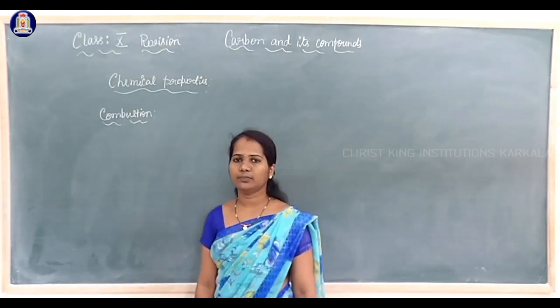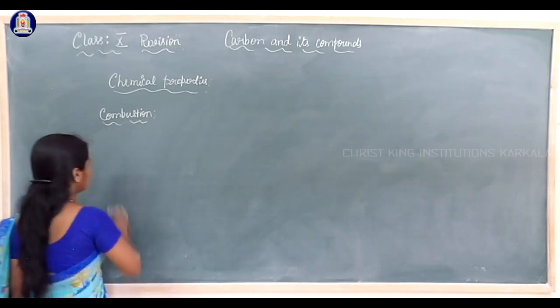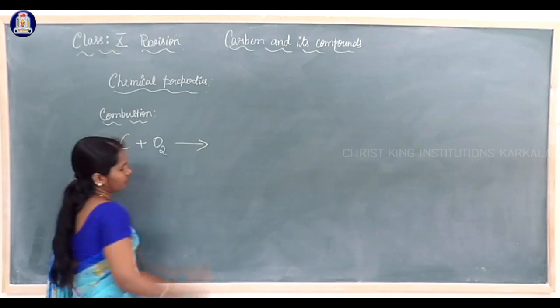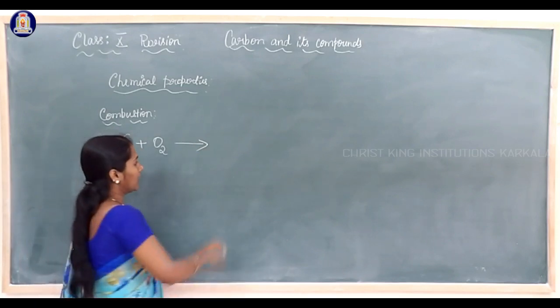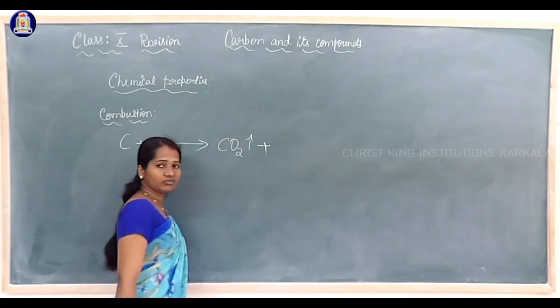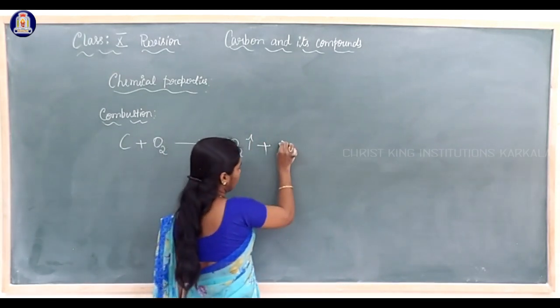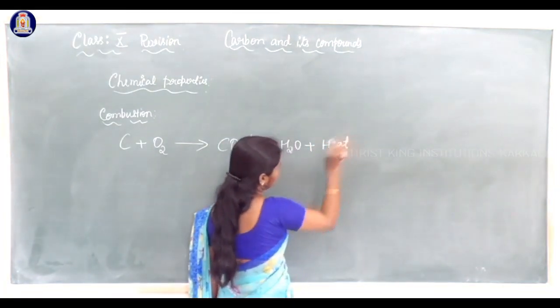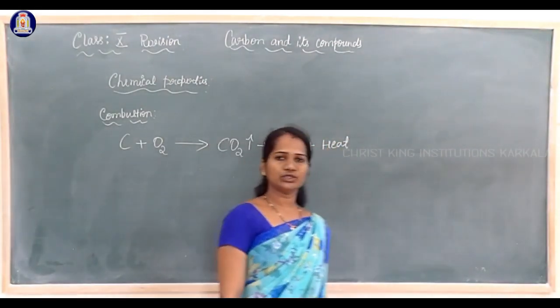Usually hydrocarbons or carbon compounds burn in the presence of oxygen and give carbon dioxide gas along with the formation of water vapor, H2O, and a lot of heat and light is also produced. That is the combustion reaction.